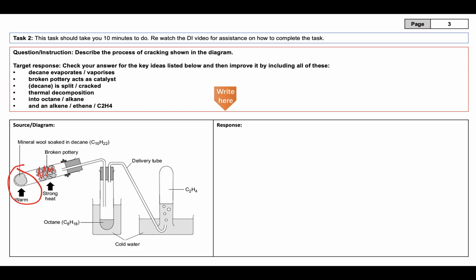As it passes over the catalyst, it's going to be cracked, it's going to undergo that thermal decomposition, and it's going to form octane, and it's going to form ethene. We'll also have to talk about why the octane condenses here, whereas the ethene doesn't condense at all. It's still a gas when it gets to this test tube.